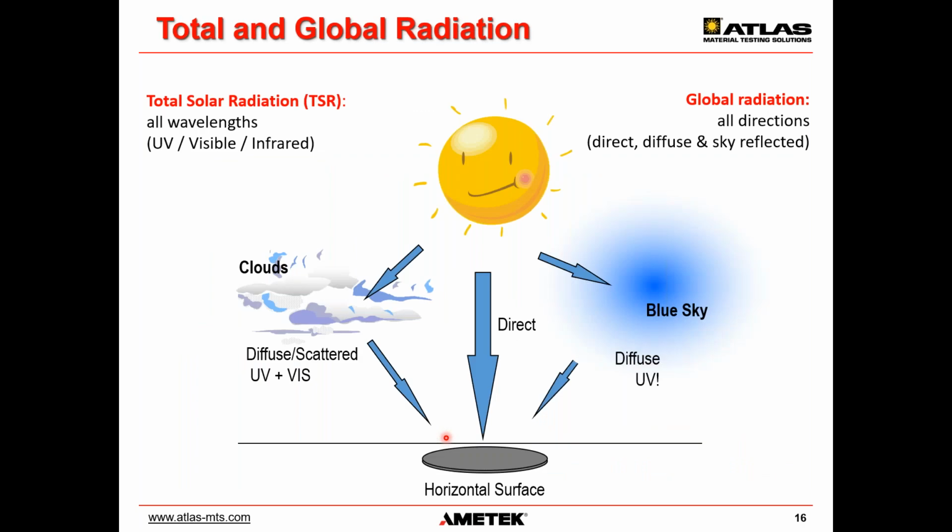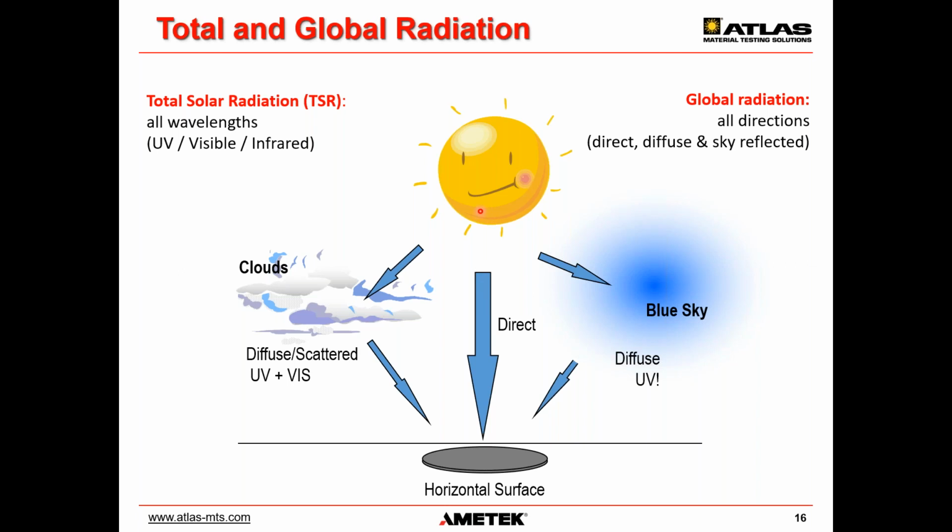I mentioned it briefly. I typically talk about total solar radiation when it's about all wavelength ranges. However, sometimes you hear the term global radiation, and global radiation means solar radiation from all directions, and not only radiation reaching a surface directly from the sun.